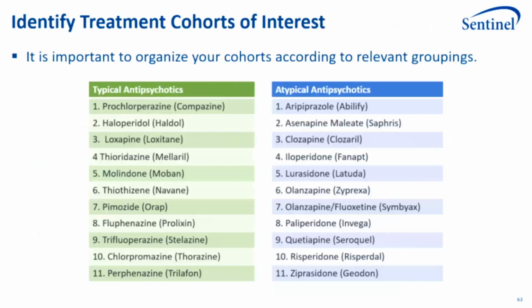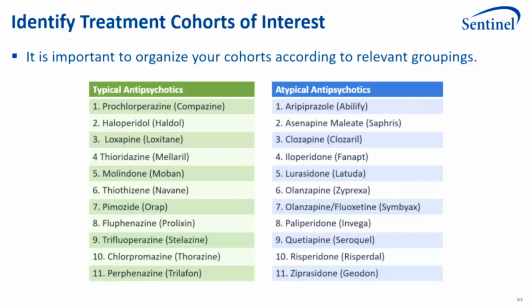Now it's time to think about how we're going to organize our groupings of interest. So you see here that I have 22 different medications. So I could ask information about basically all of those in isolation of each other. So 22 different sort of requests. Or I can group them according to what my group of interest is. And in this case, we're going to group them just by our two big categories for the purposes of training.